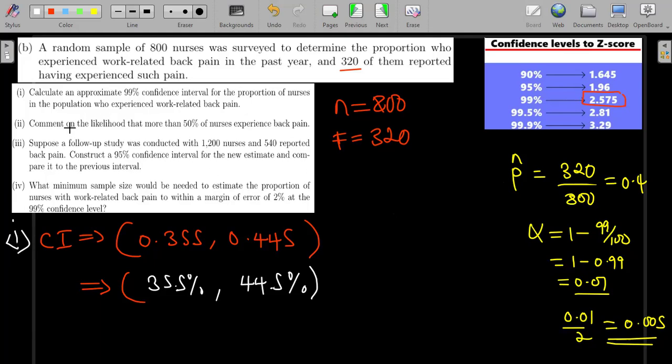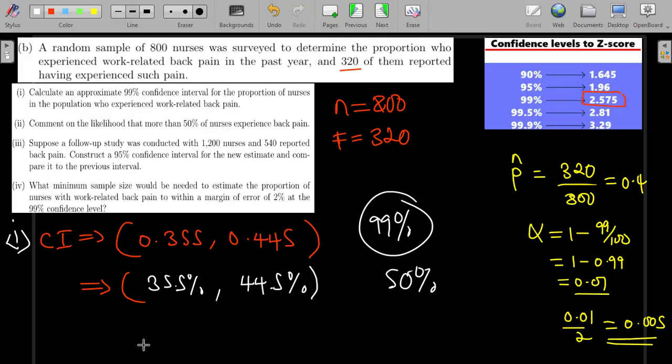And then part 2, they are saying comment on the likelihood that more than 50% of nurses experience back pain. So this confidence interval at 99%, you see that it's way below the 50%, because the 50% will be somewhere there. But this is 35.5 to 44.5.